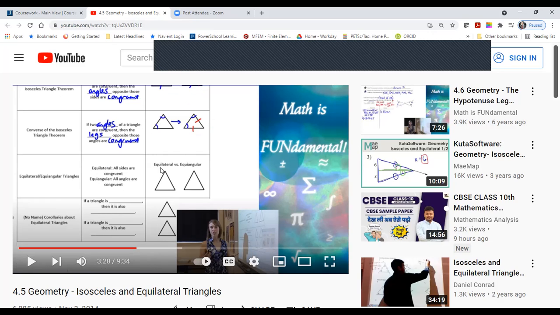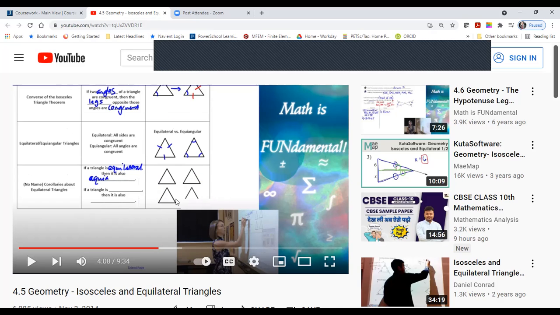So for this one it is the sides that are congruent, but for this one it is the angles that are congruent, right? And these are what we call the corollaries, about the equilateral triangles.